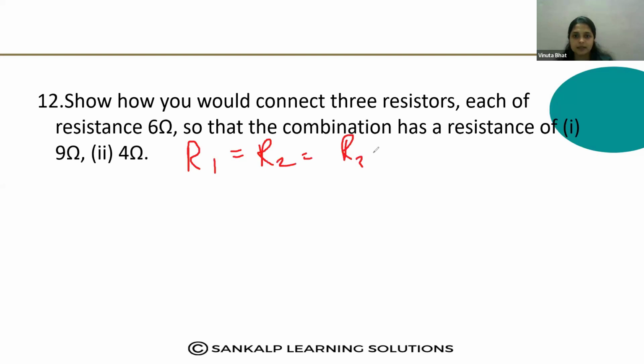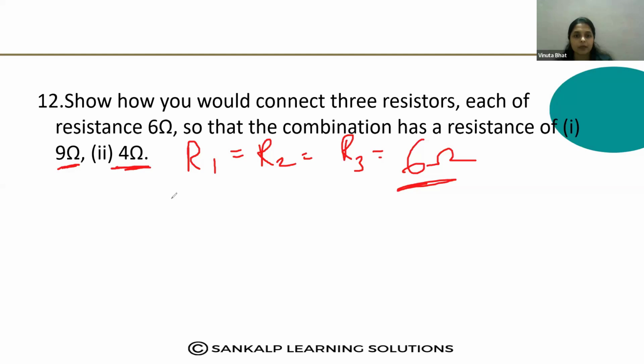These three resistors each have 6 ohm resistance. You have to arrange these in different arrangements so that one combination is 9 ohm and the other combination is 4 ohm.